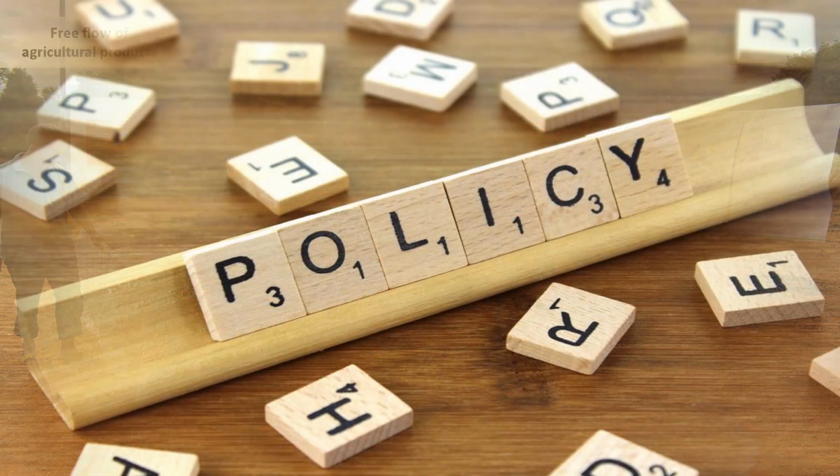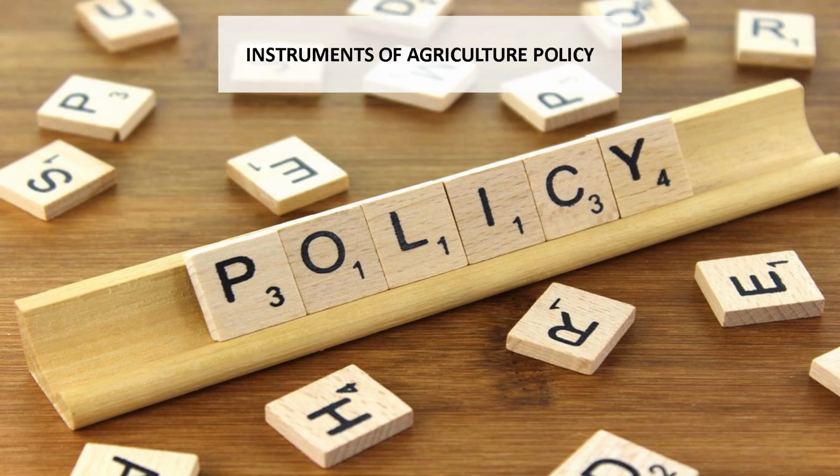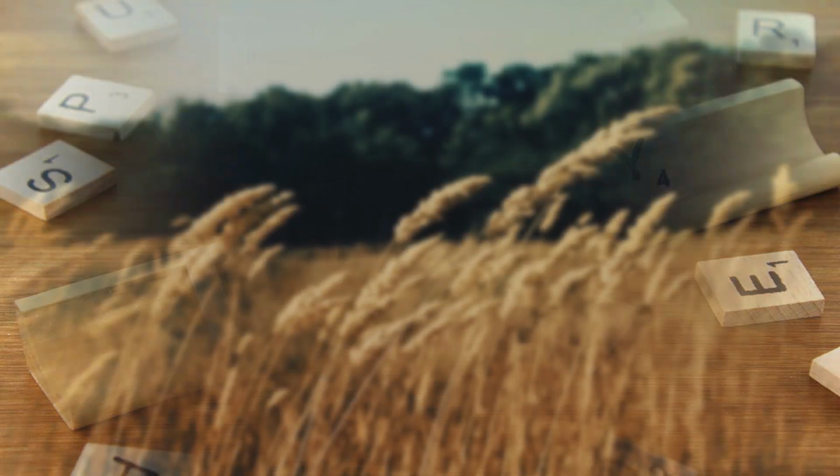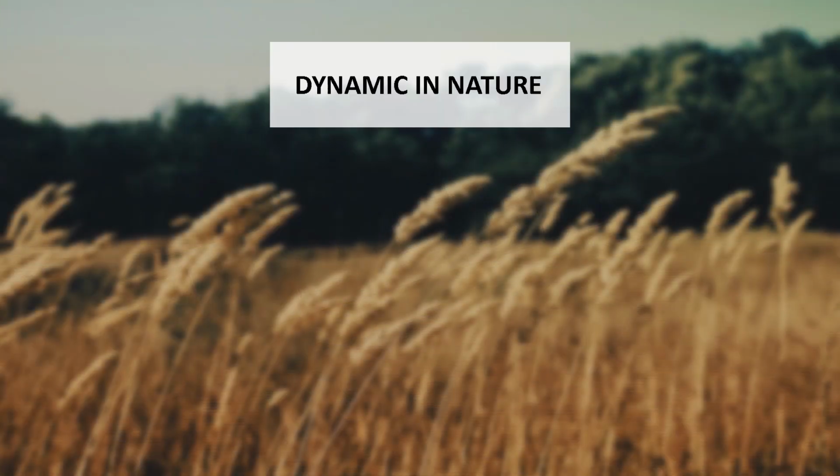So to achieve these objectives, we have used different types of instruments. Instruments of agriculture policy are basically a means to pursue the policy objectives, and to achieve these policy objectives we have used different types of instruments, and these instruments are dynamic in nature. Basically, from time to time, we may change the different types of instruments.